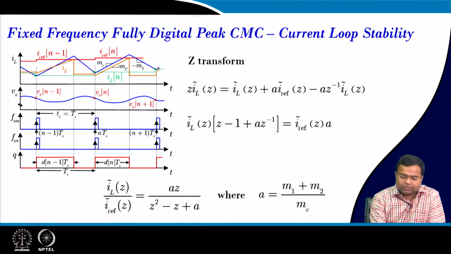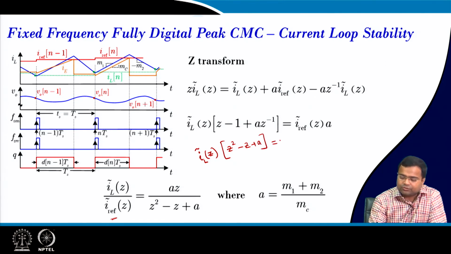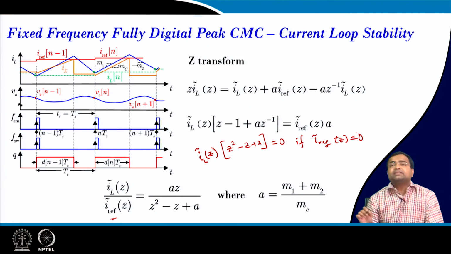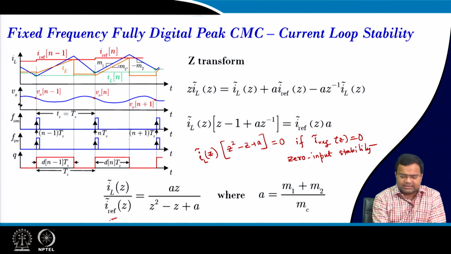That means if you talk about only perturbation in the initial current, with no perturbation in I ref, then you will get IL Z times Z square minus Z plus A, and that will be equal to 0 if I ref Z is 0, or basically there is no perturbation. So this is my zero input stability, and this is the equation.